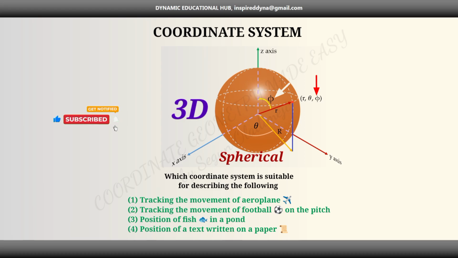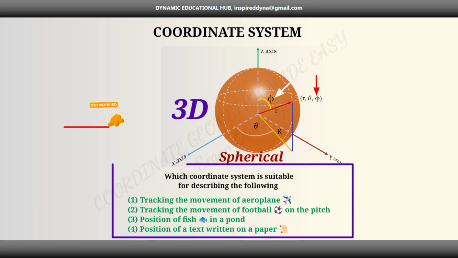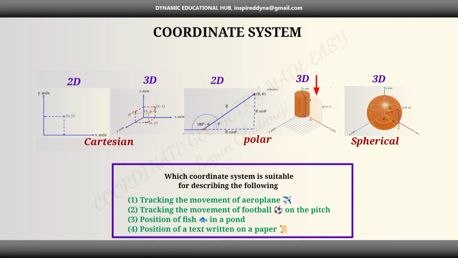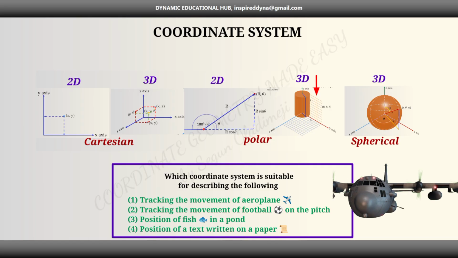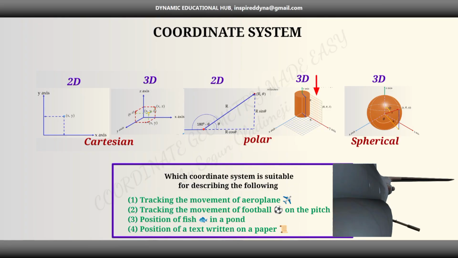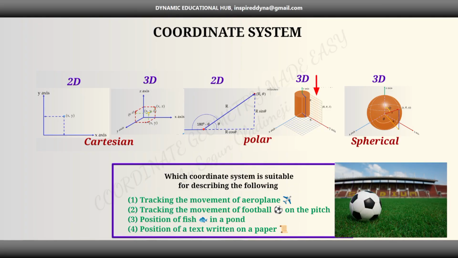Before I end this video, here is an interesting question that will test our knowledge about the coordinate systems that we have learned so far. The question is, which coordinate system is suitable for describing the following? The first one, tracking the movement of an aeroplane. The second one, tracking the movement of a football on the pitch.